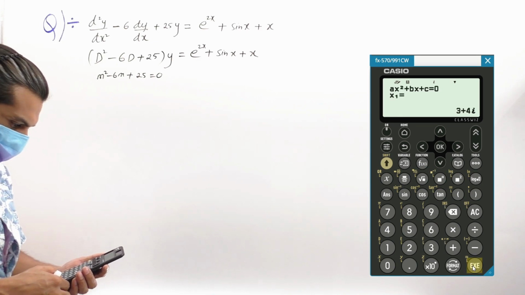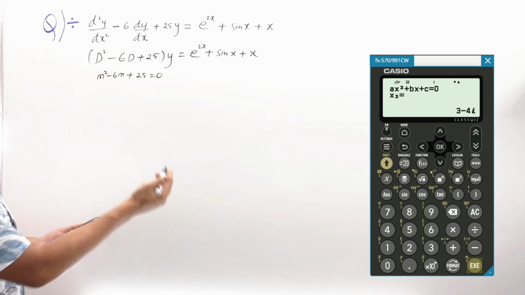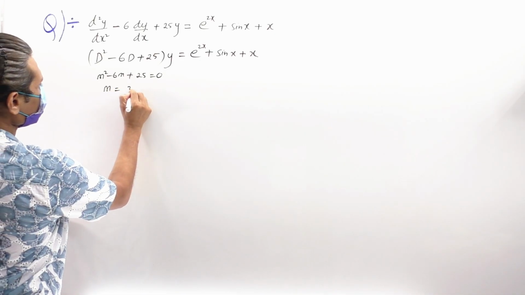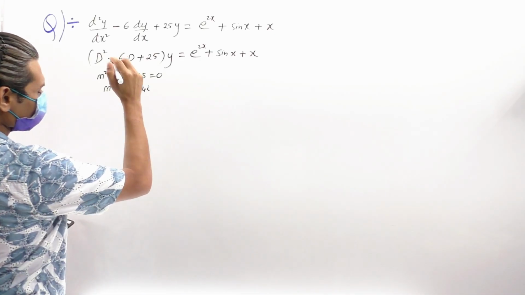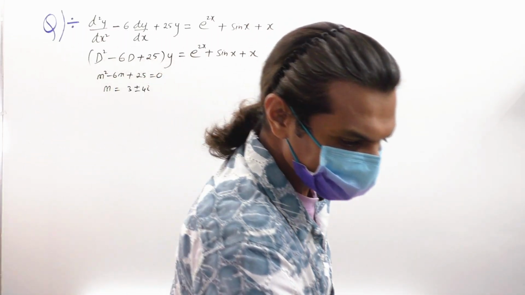We get the roots here as x1 is 3 plus 4i and x2 is 3 minus 4i. So, m is equal to 3 plus or minus 4i. It is a complex conjugate root.